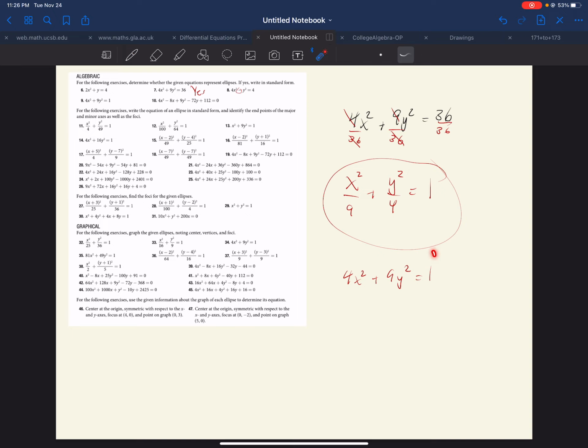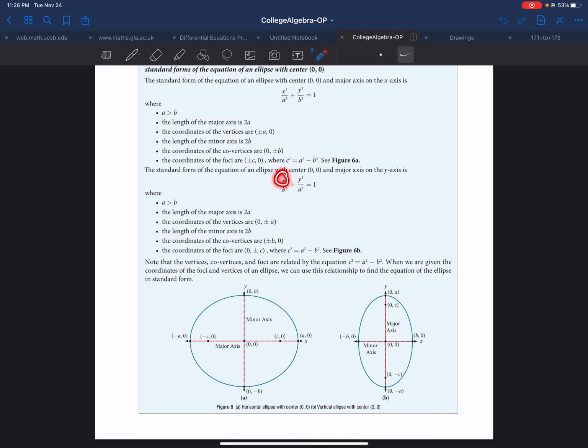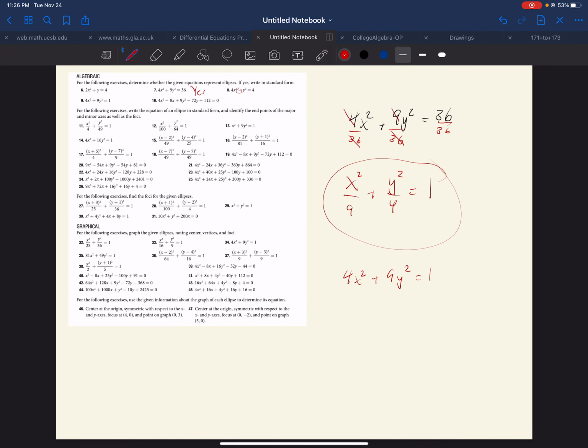So the cool thing is you have it equals 1 now, but it's just supposed to be x squared over something and y squared over something, and we don't have that right now. So if I put the 4 downstairs, it'd be a negative 1 power. And if I put the 9 downstairs, it'd be the negative 1 power.